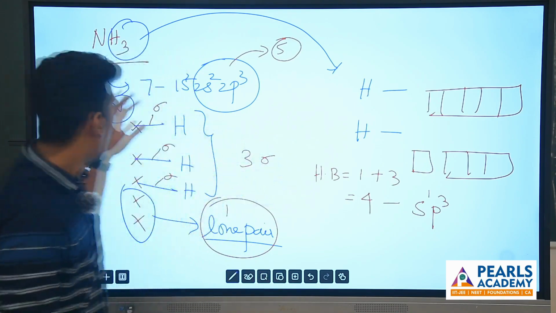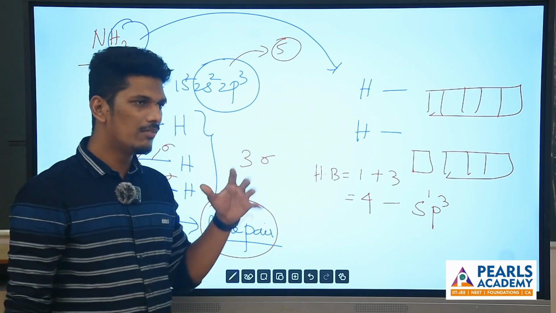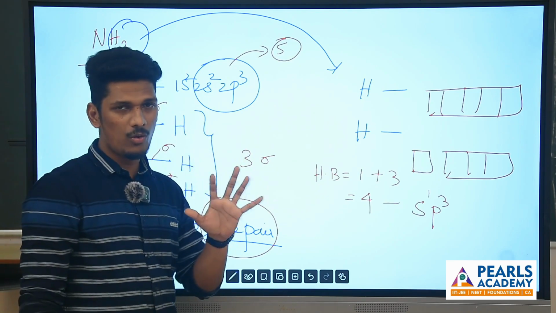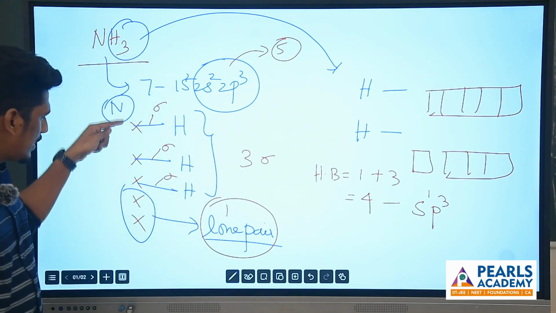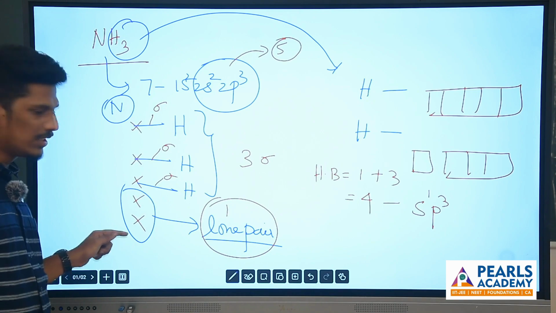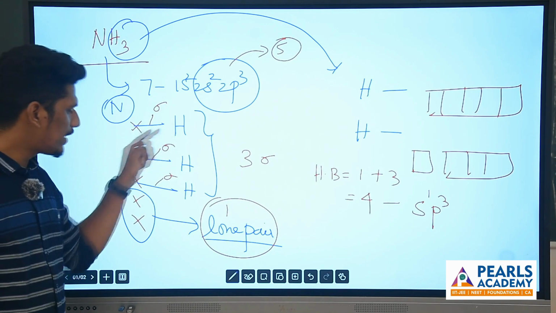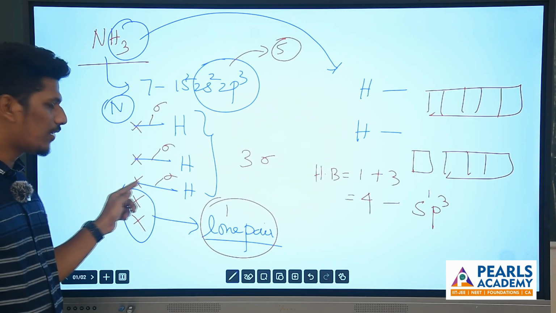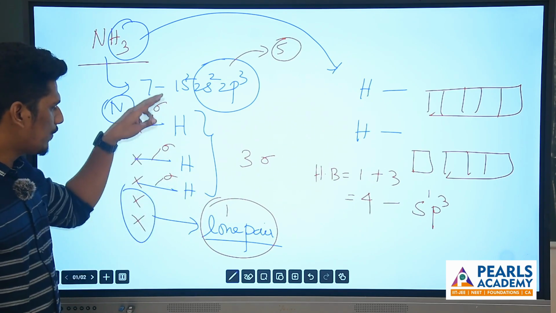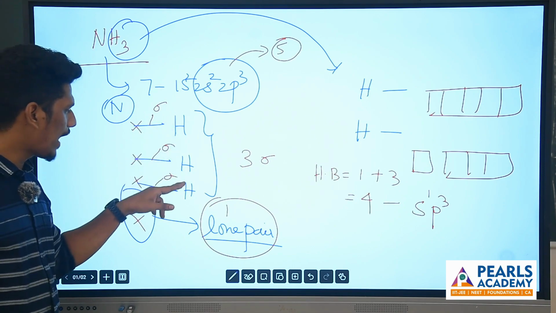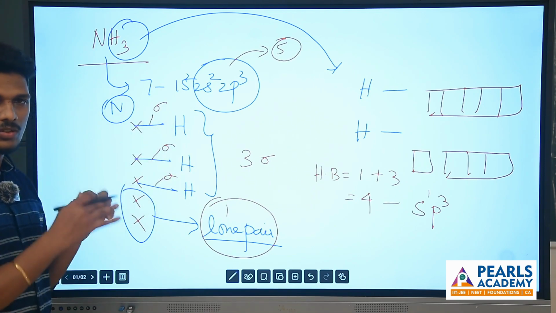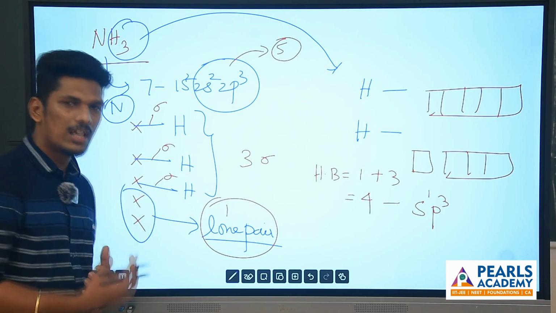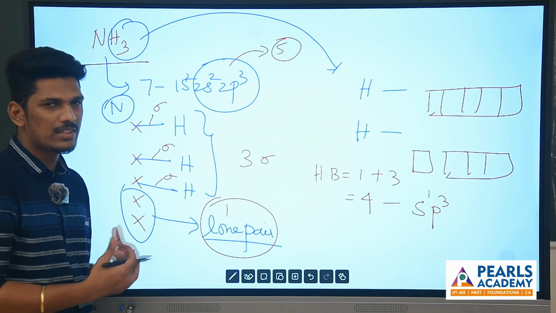As of now, in NH3 we will see it one by one. Initially NH3 has 5 outermost electrons, and I am representing these 5 outermost electrons like this. One electron is bonded with one hydrogen, another with another hydrogen, and another with a third hydrogen. So 3 different hydrogens were bonded to nitrogen. That is all the bonding, and I am checking whether I have an extra electron on the nitrogen atom.